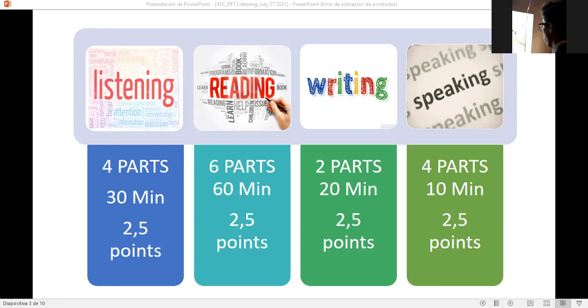Igual en el speaking, mucho ojo con tener a alguien ahí whispering in your ear, susurrándoles, porque let me say that I have seen everything, almost everything with the students. Se ve de todo.